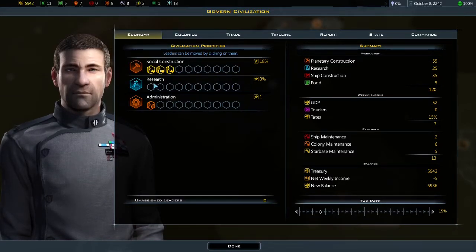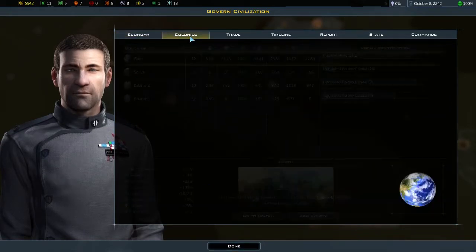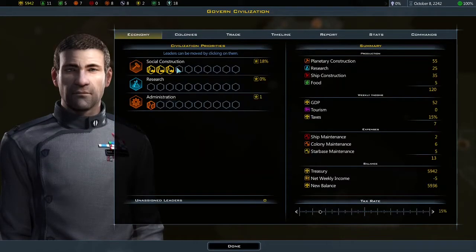And you can increase your research, you can increase your social construction with that, and this is the global effect, 18% social construction bonus, so it's a pretty big bonus. Like 6% per leader is a lot, and so having some leaders is also nice.